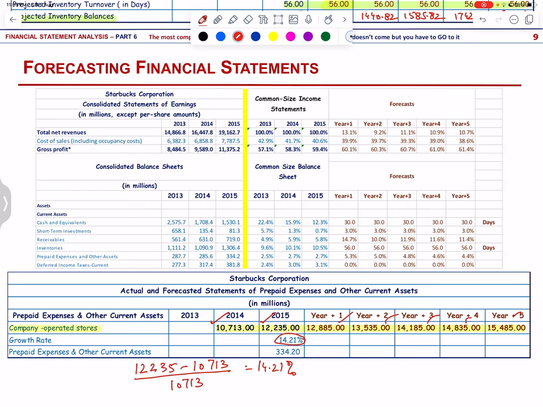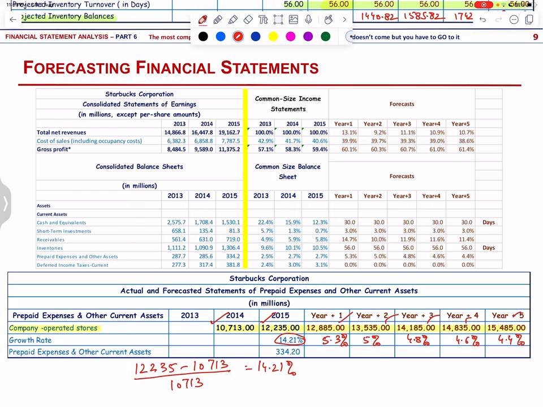For year number 1, we are assuming growth rates that are given to us as 5.3%, 5%, 4.8%, 4.6%.